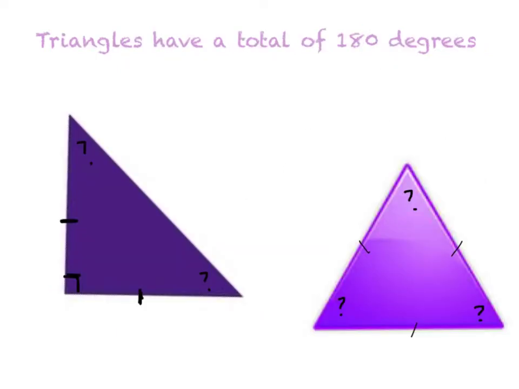So you'll be given questions where you have to identify triangles or find the missing angle measures. And to do that, you have to know that triangles have a total of 180 degrees. So that's different from quadrilaterals, which are 360. So let's look at this triangle over here first. Well, I know that 2 sides are congruent.